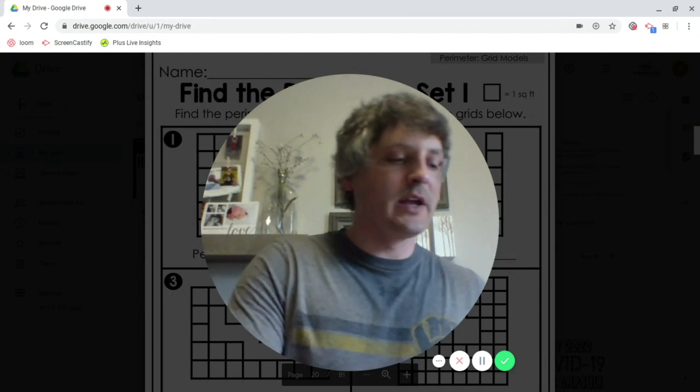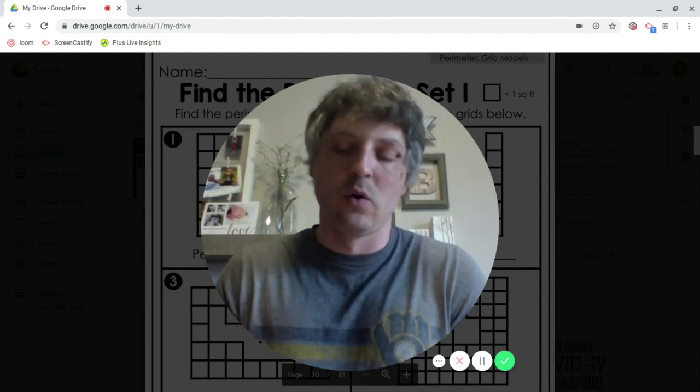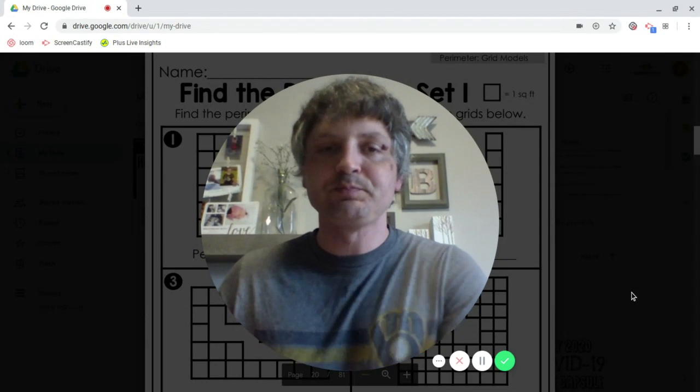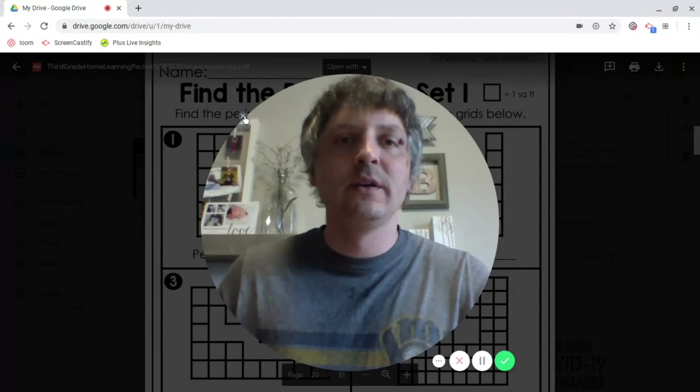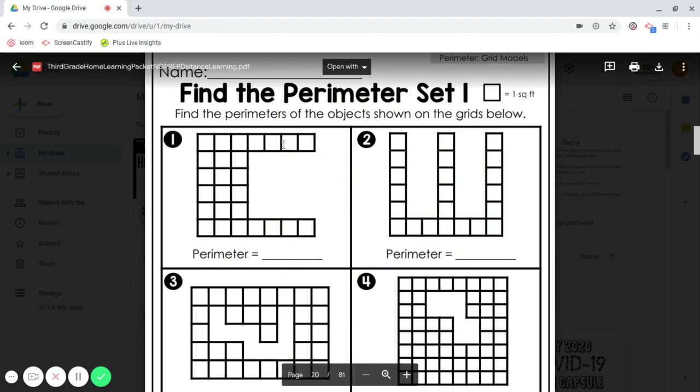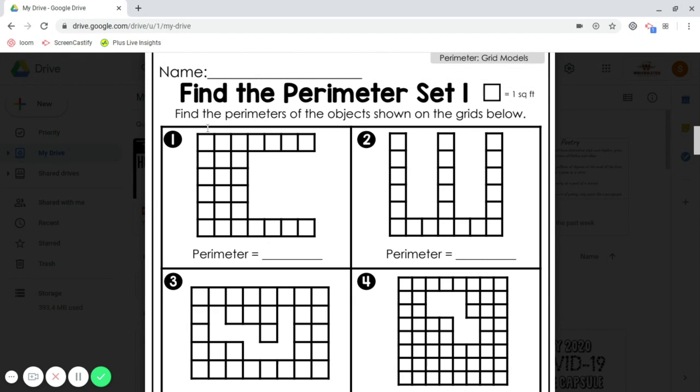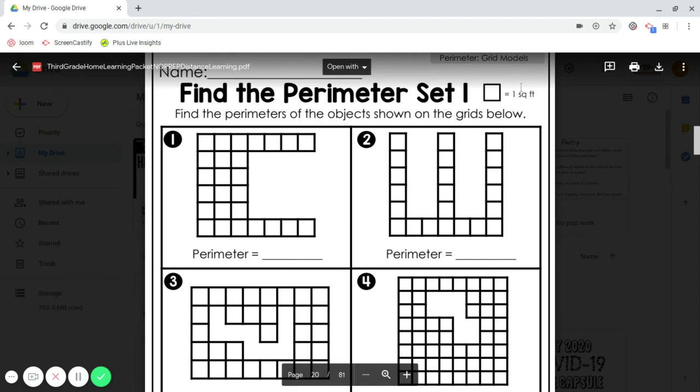Okay, so let's take a look at the work in the packet. I don't have a drawing tool to draw on this PDF, but we'll take a look at number 1 here. You can put your little tick marks right in the center of each of these. We want to make sure we look up towards the top where it says each of these equals 1 square foot. That means each side of these cubes equals 1 foot.